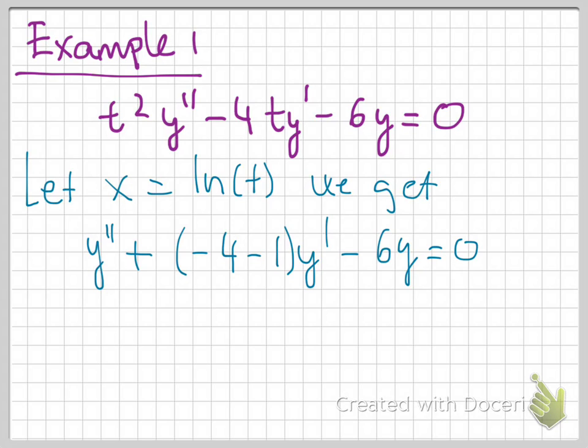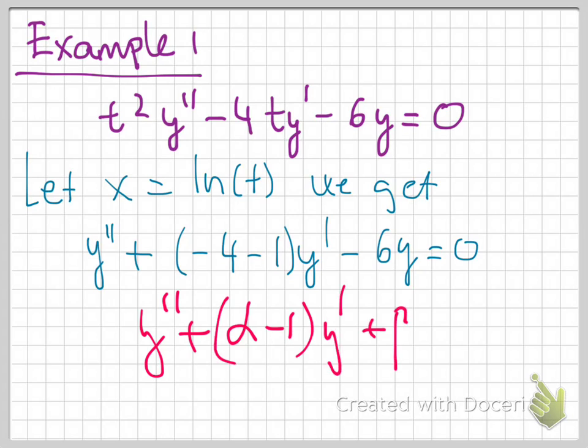Now we let x equals ln t to get a new differential equation in terms of y and x. The equation is in the form y double prime plus alpha minus 1 times y prime plus beta y equals 0. You can see that alpha minus 1 here is negative 4 minus 1, and beta here is negative 6.